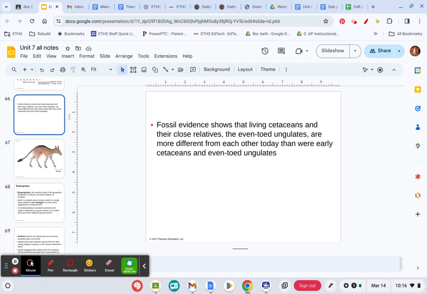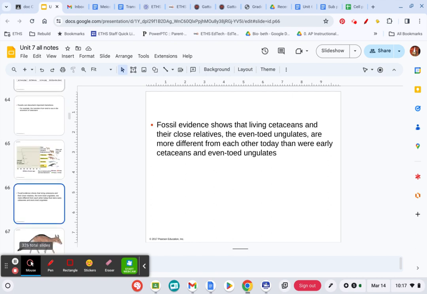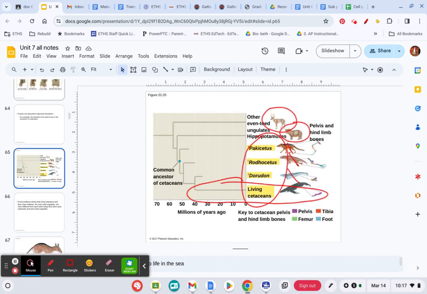Fossils can show that the living cetaceans, which are just the whales, and their closest relatives, the even-toed ungulates. Ungulates means they have hooves, and if they have two hooves versus three, that kind of thing. Let me just go back to the picture because I think it is easier to see it.